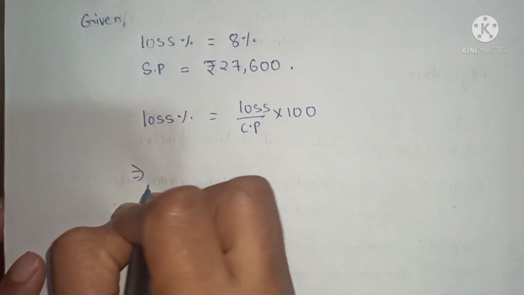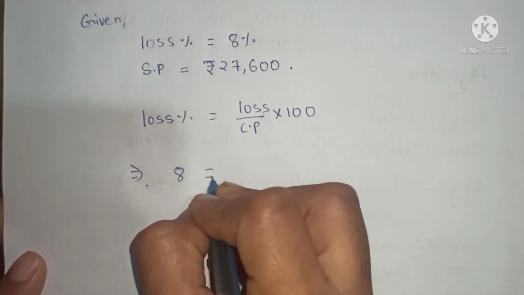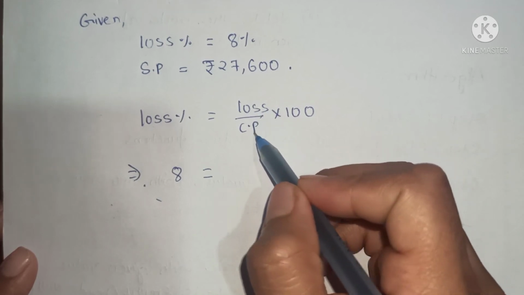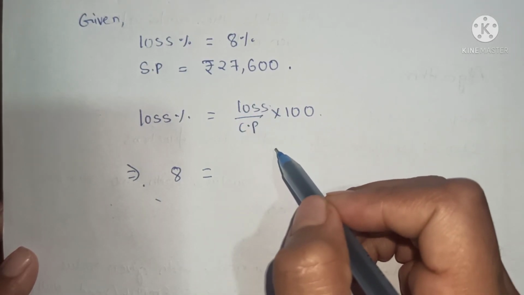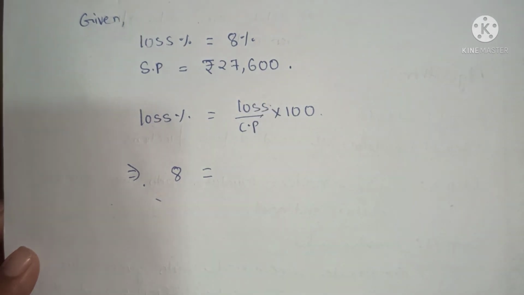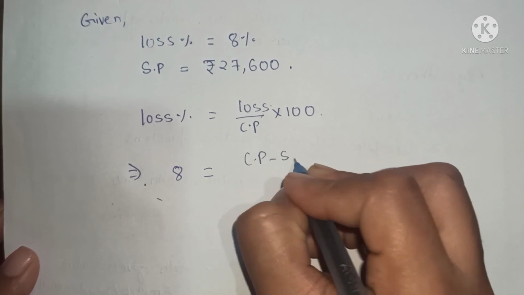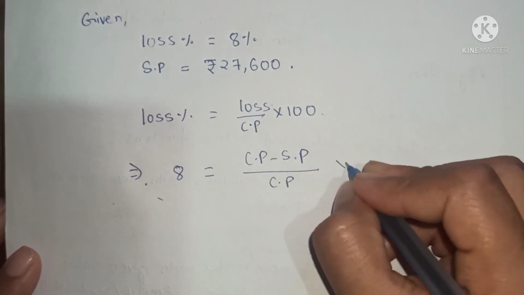Now we will put the values. Loss percentage is 8%. Loss by CP into 100. We don't know the loss, and we also don't know CP, so we cannot put the value of loss. But instead of loss, can I write CP minus SP, the formula of loss? Yes, we can write that.